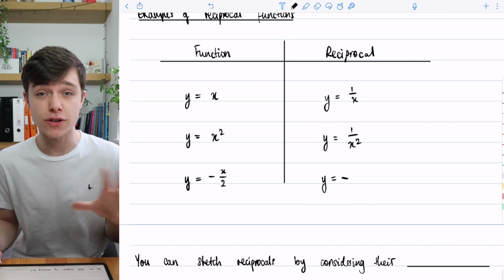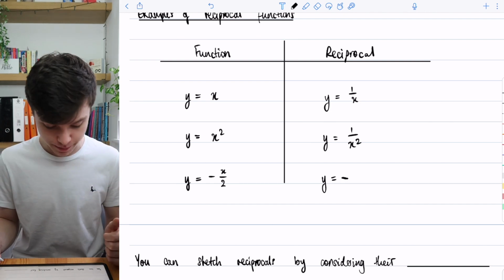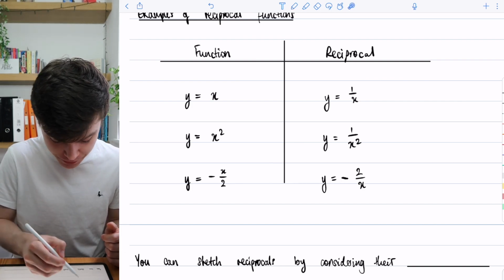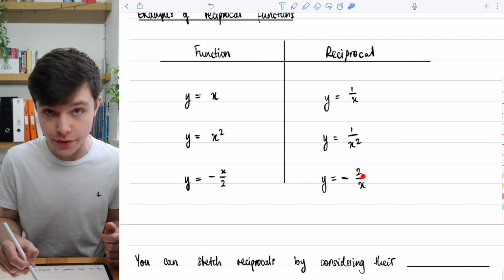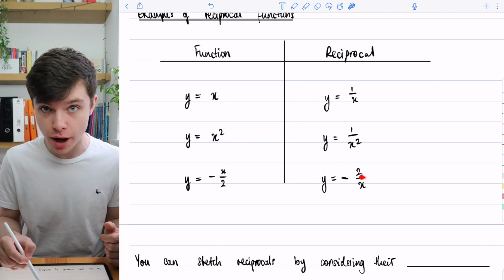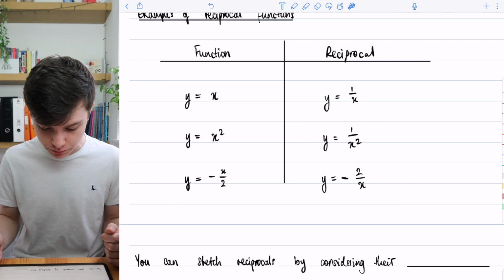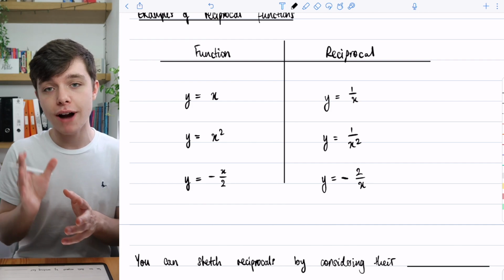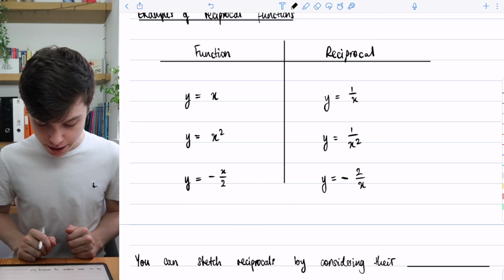And that's the same as just flipping the fraction. So minus 2 over x. Here the 2 was on the bottom, so it's going to be on the top in the reciprocal, and the x was on the top in the function, so it's going to be on the bottom in the reciprocal, okay? So that's how we basically work out the reciprocal. We take our function and write 1 over the function, okay?